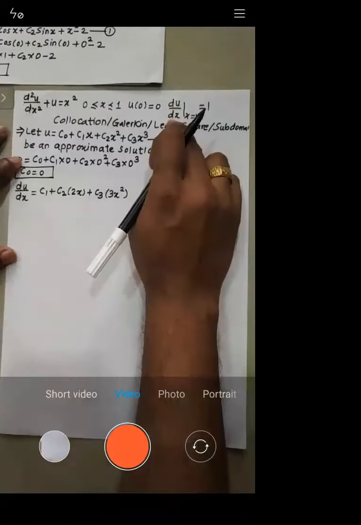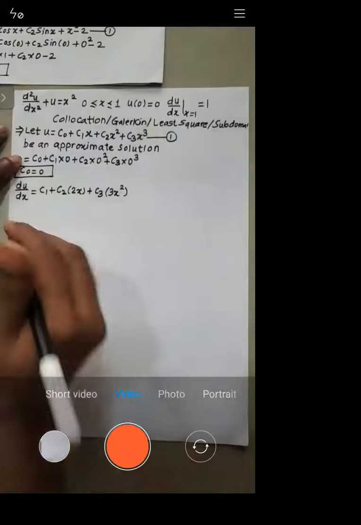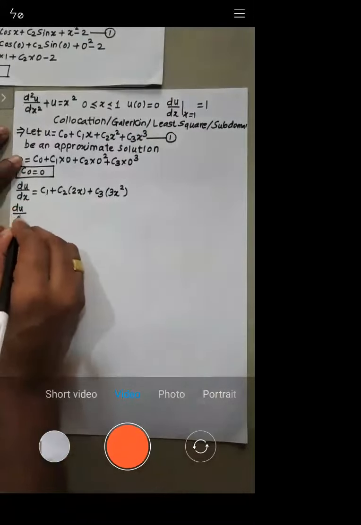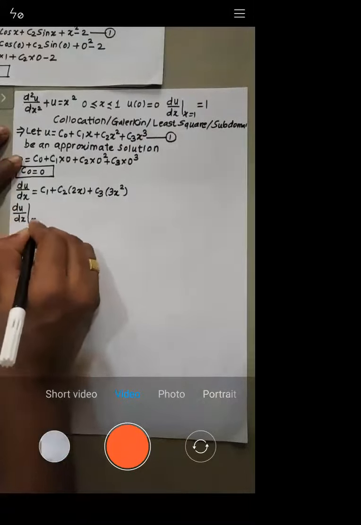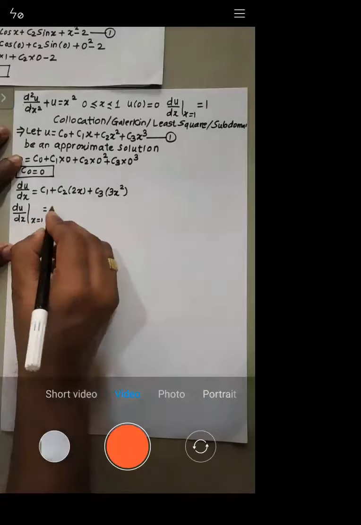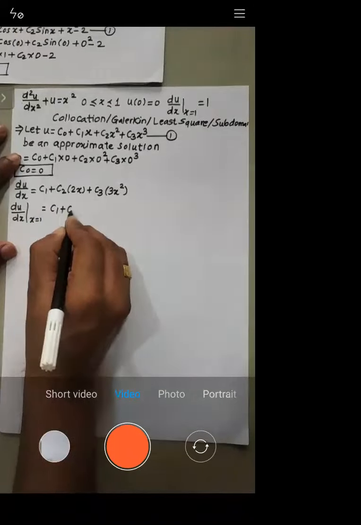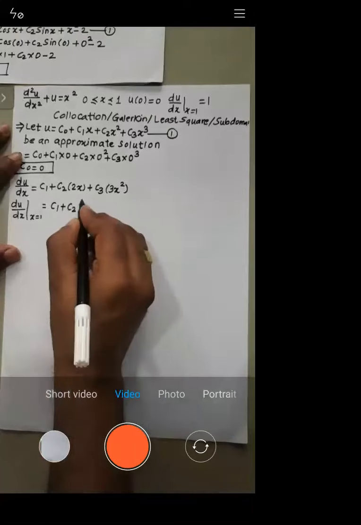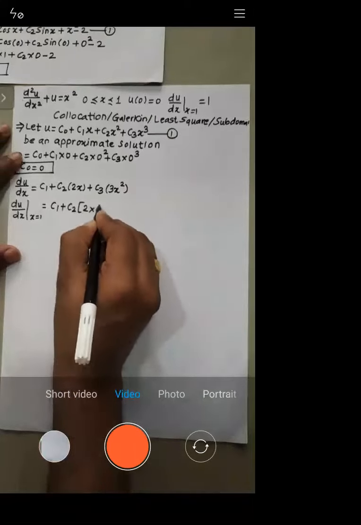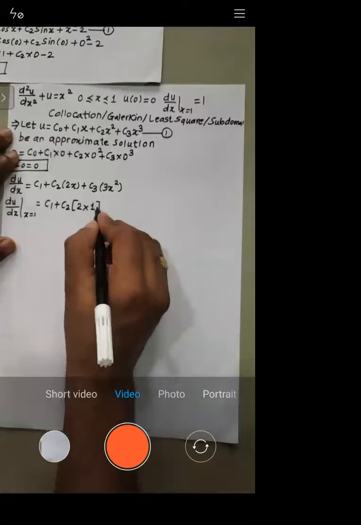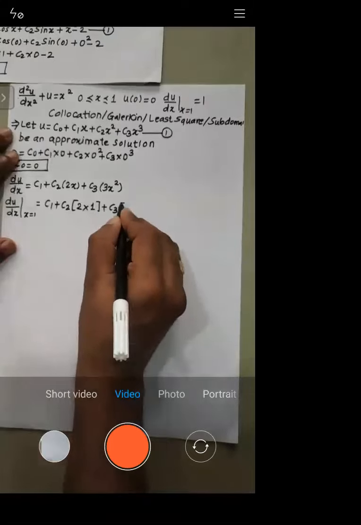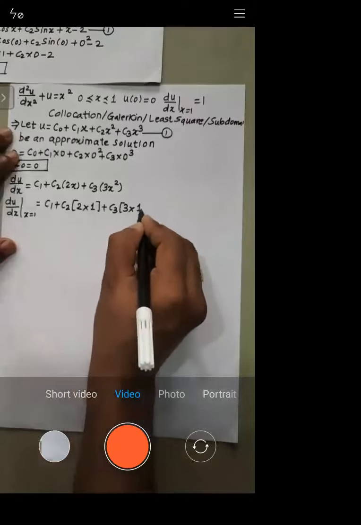But what do you want? You want du by dx when x is 1. So I'll write du by dx when x is equal to 1 is equal to c1 plus c2 into 2 into x is 1, plus c3 into 3 into x is 1 square.